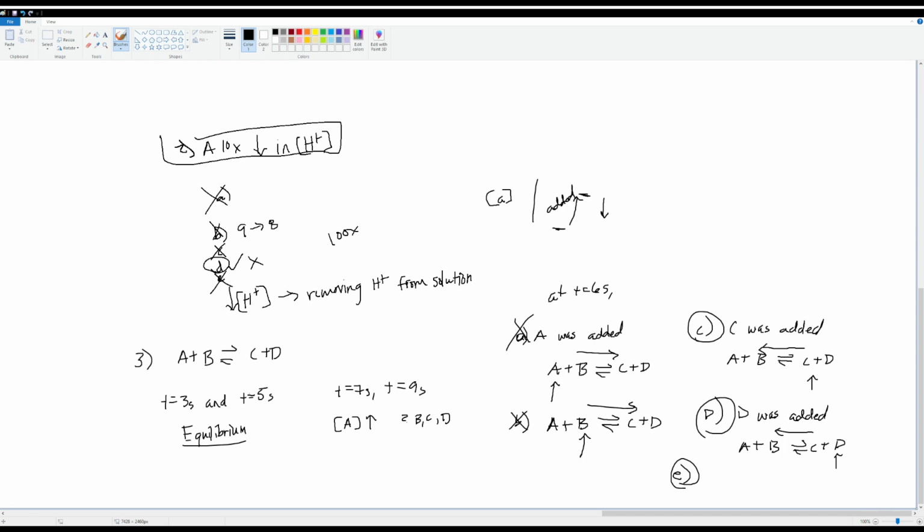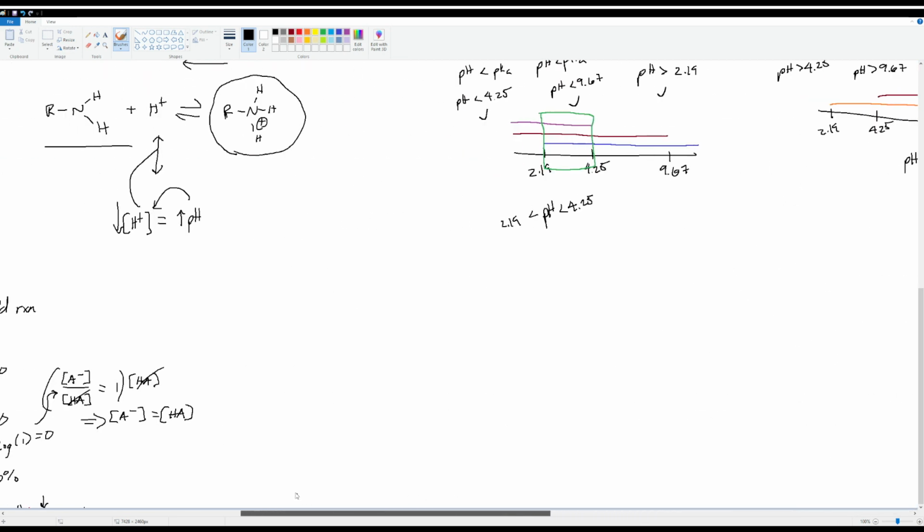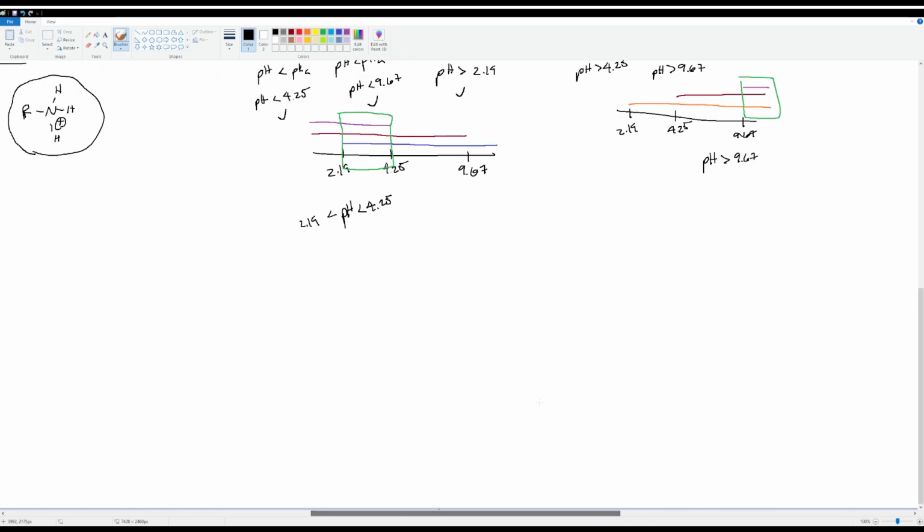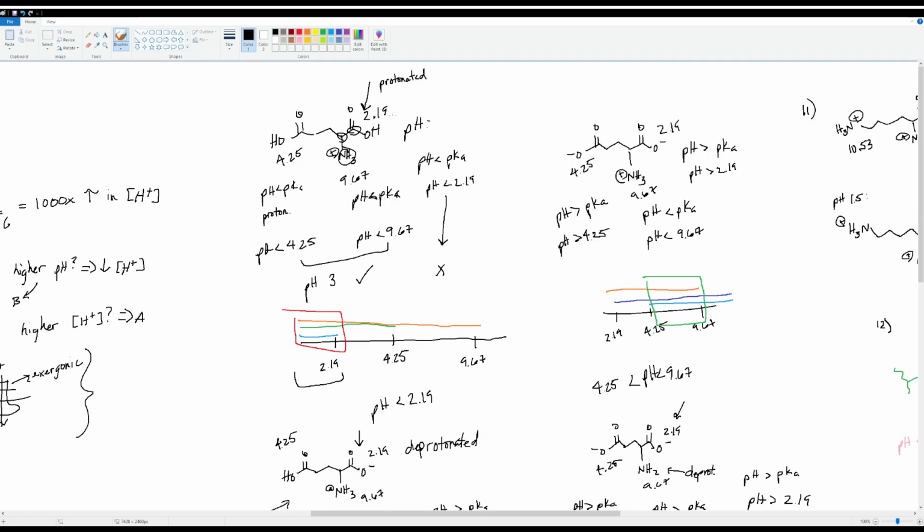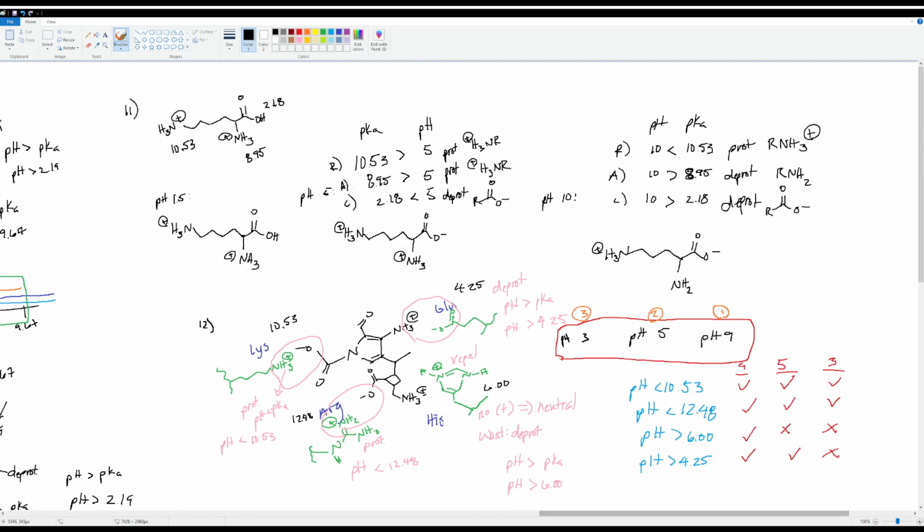For questions 5, 6, 7, 8, and 9, this is a very common test question I see, and it more or less is exactly what we did earlier with these guys, right? Where we figured out at what pH or what lysine would look like at the different stages, right? It's just this, except instead of having the molecule, we're taking this lysine or this amino group, the R group has a +1 charge.